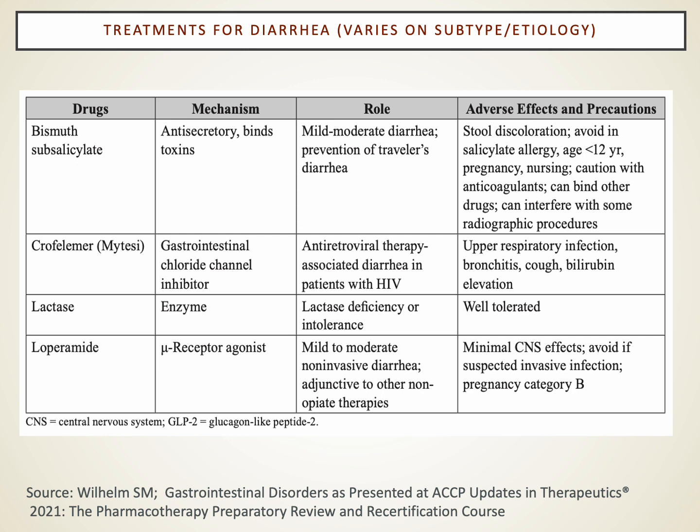The concern, though, is that you want to avoid excessive salicylate toxicity with Pepto-Bismol, or if they're on high-dose aspirin already, we want to worry about that. It also may affect binding with other drugs, so you want to watch for drug interactions associated with bismuth subsalicylate.